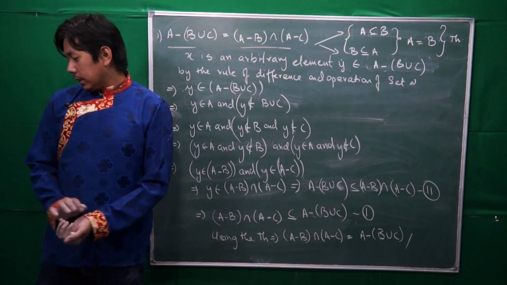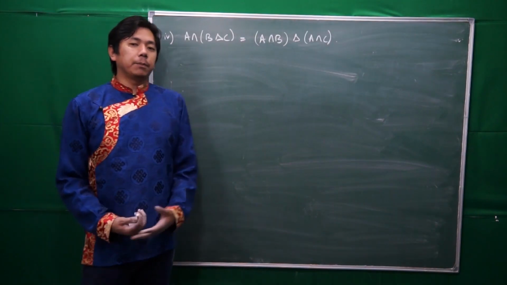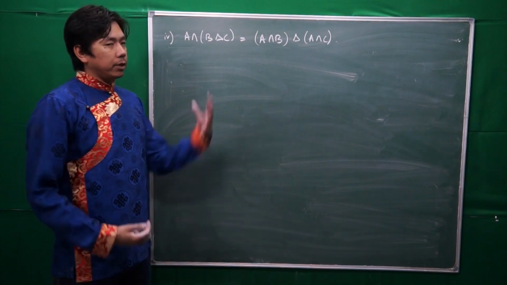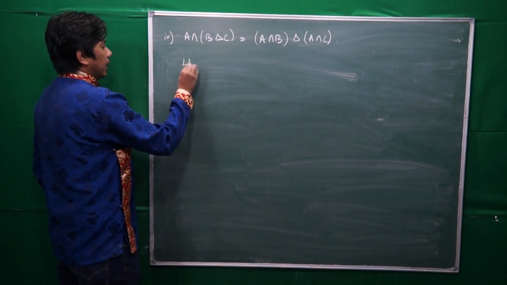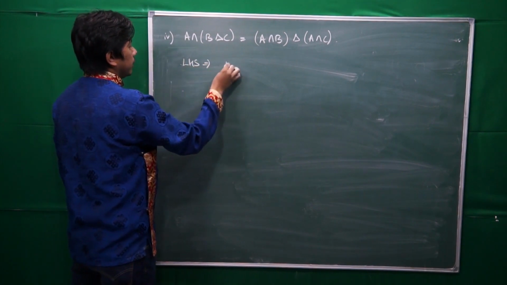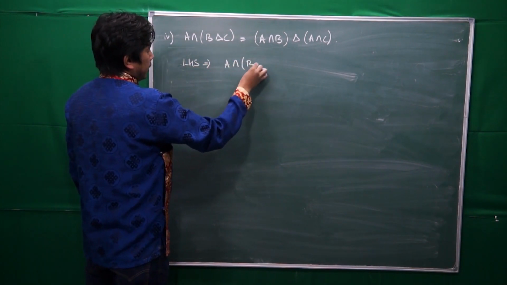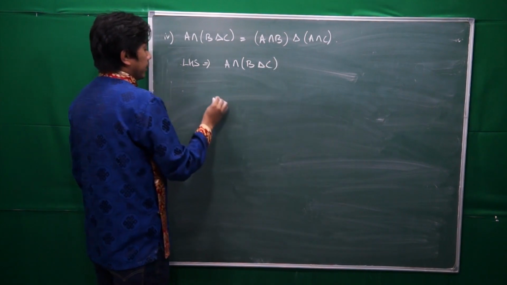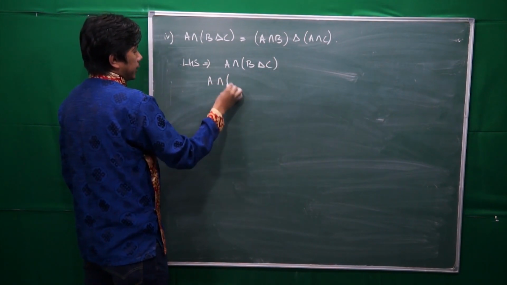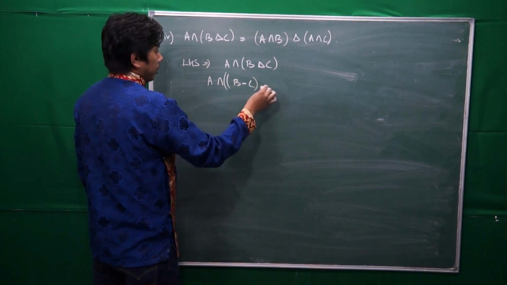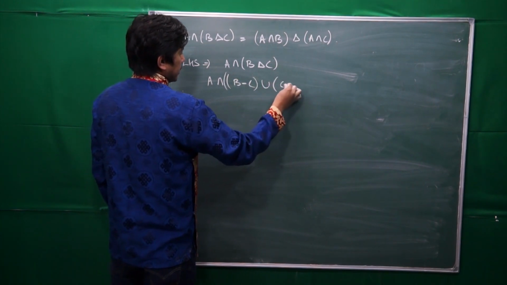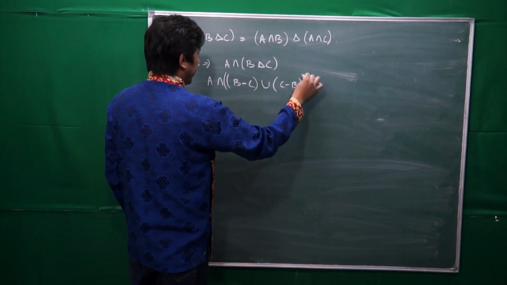So using the operation of symmetric difference, we are going to solve the question. Let's take the left hand side first. LHS is equal to A intersection (B symmetric difference C). So it will be written as A intersection ((B minus C) union (C minus B)).